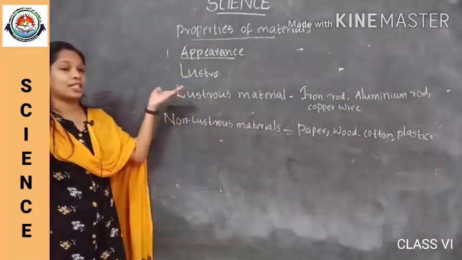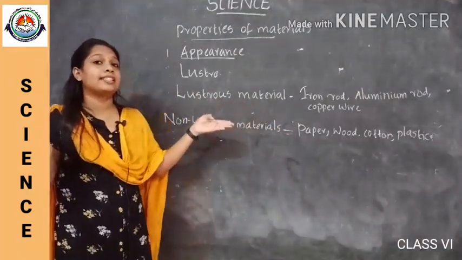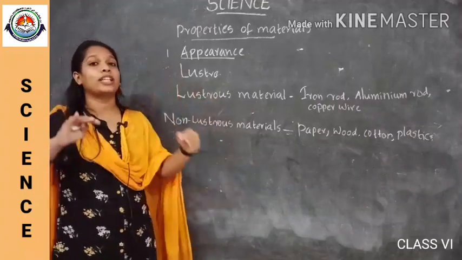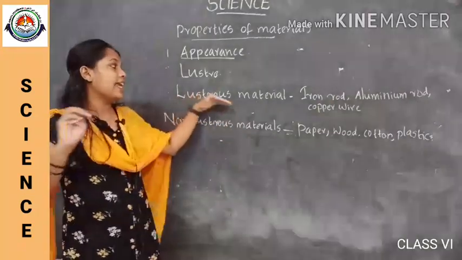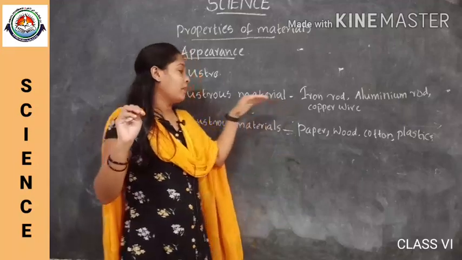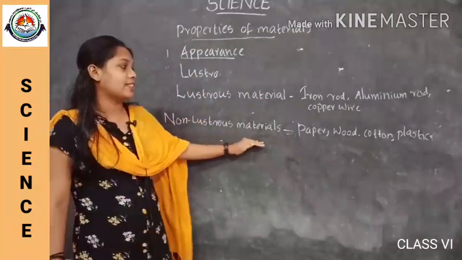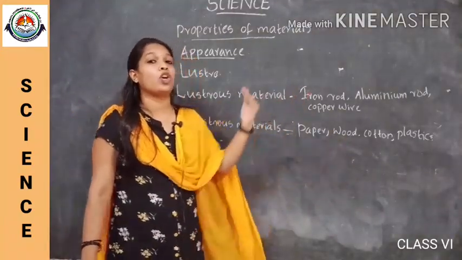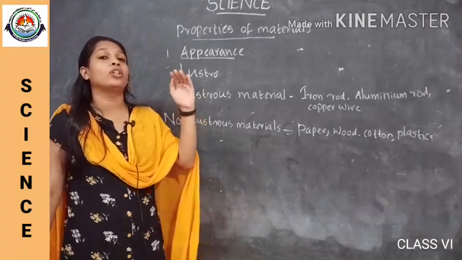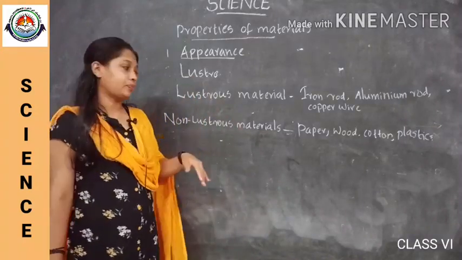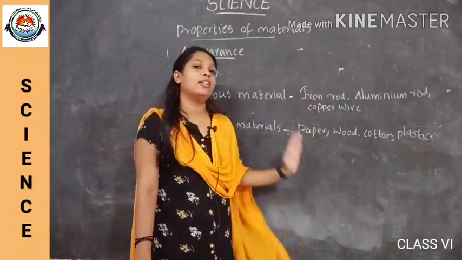So what is a lustrous material? The materials that have shining on their surface are called lustrous materials, and non-lustrous materials are the materials which will not have a shine on their surface. Okay, and the examples are also given.